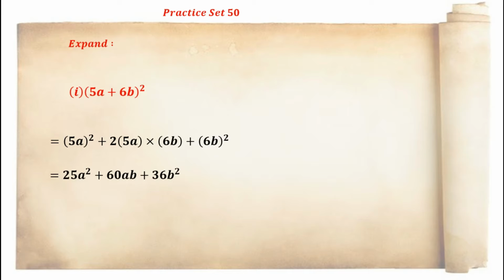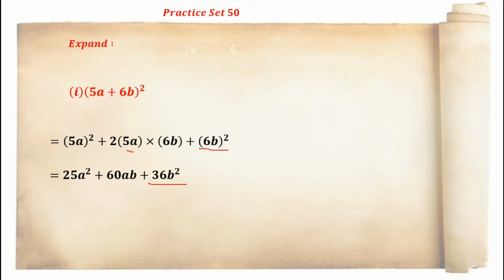So 60ab will be here. And then you will see here that 6b into 6b, (6b) raised to 2 means 36b raised to 2.